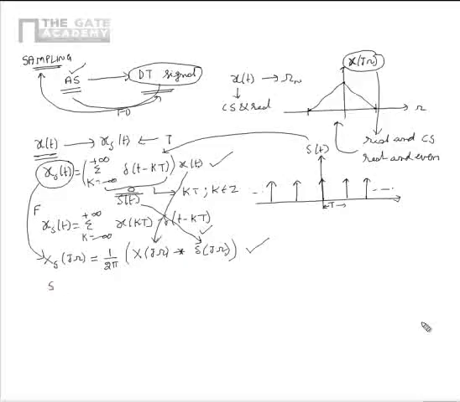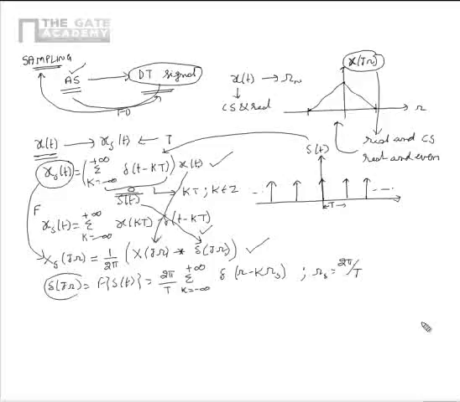But we know that s of j omega is equal to Fourier transform of s of t is equal to 2 pi by capital T multiplied by sigma k equal to minus infinity to plus infinity delta of omega minus k into omega s, where omega s is equal to 2 pi by t.